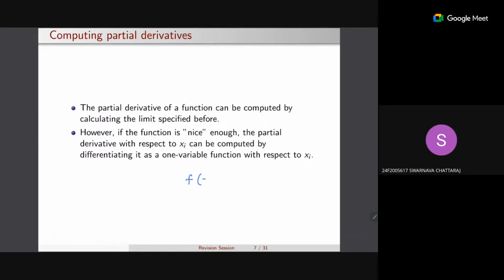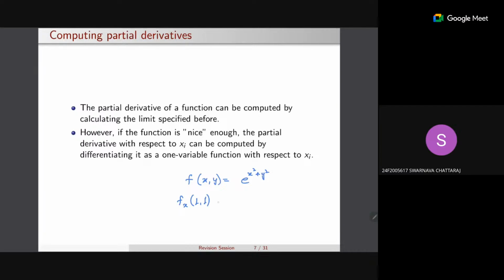As an example, let's take something simpler, then I'll go back to that. Let's take x squared plus y squared, or something like, okay, fine, e to the power x squared plus y squared. Now, if I want to calculate what is fx at, let's say, 1, 1, I could do the limit thing.